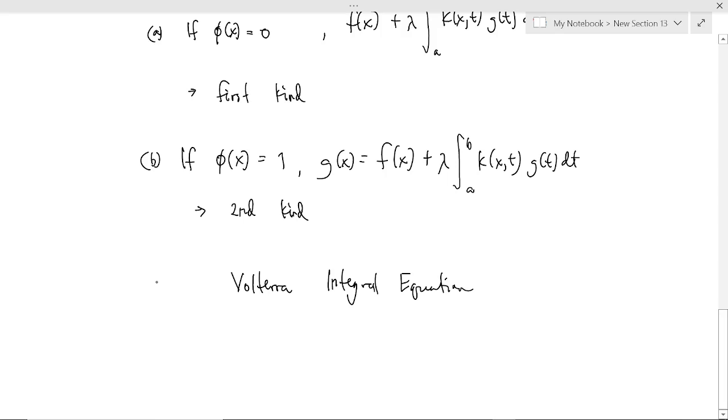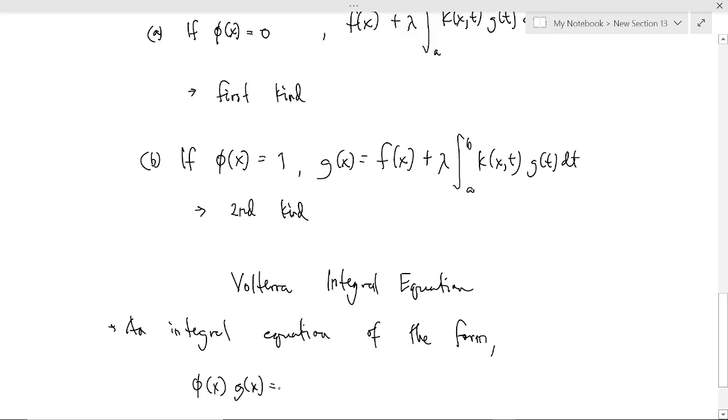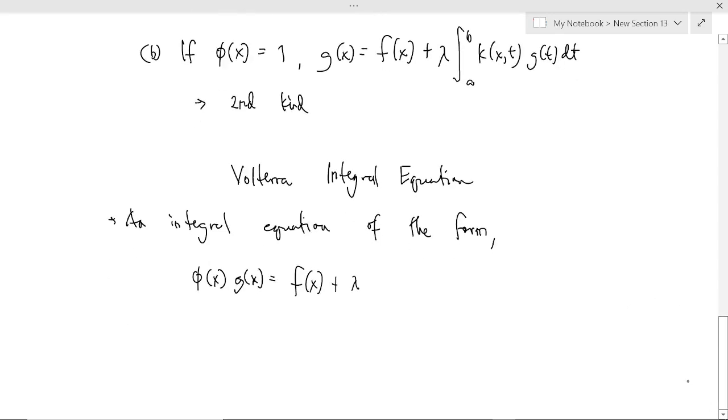Okay, now this is basically an integral equation of the form, we have phi almost the same. So we have phi of x, g of x equal to f of x plus lambda times the integral of k(x,t) g(t) dt.